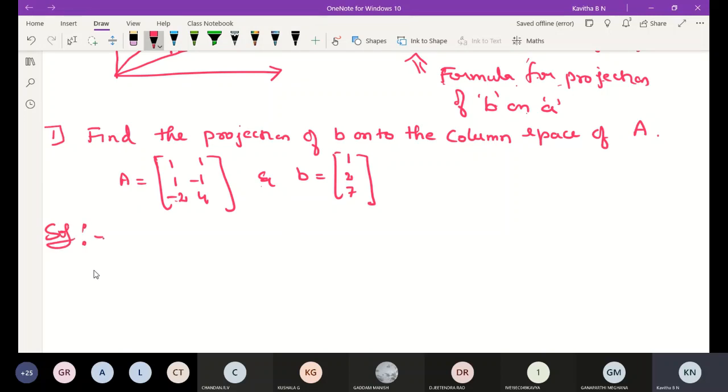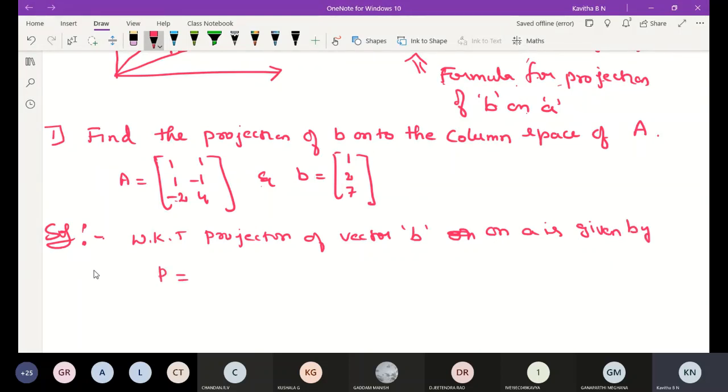Here, projection of vector B on A is given by, we know that, C is equal to A transpose B divided by A transpose A. A is a column matrix.